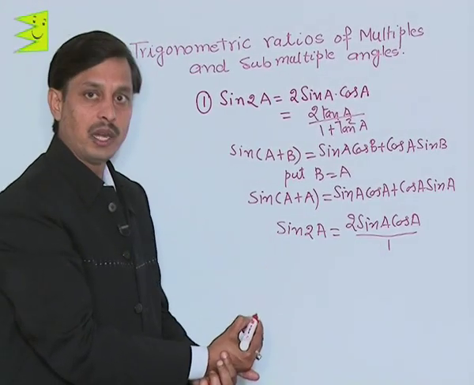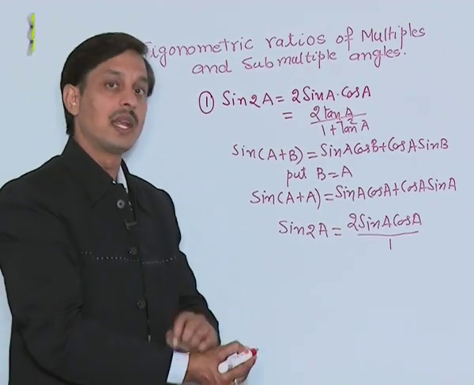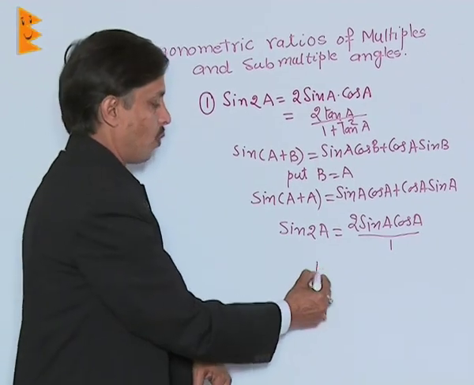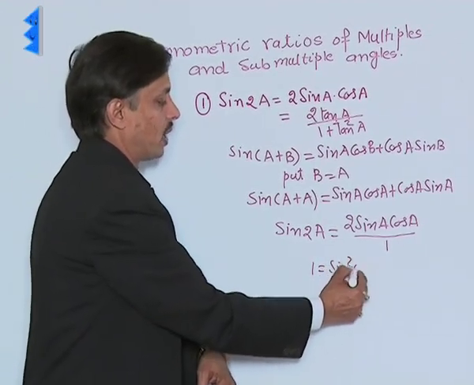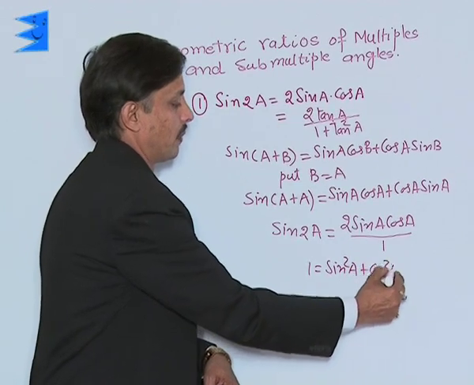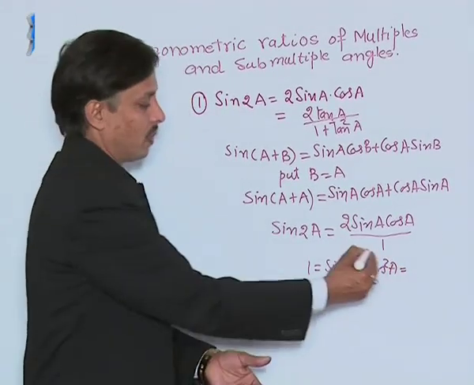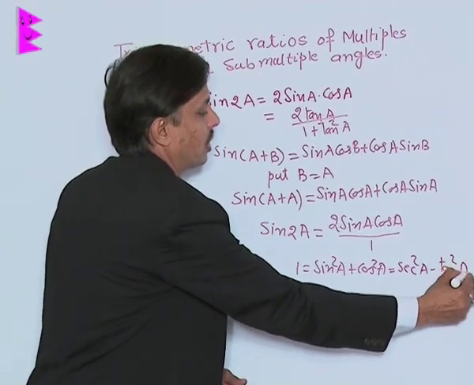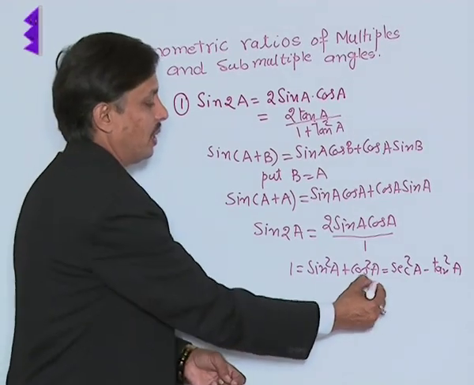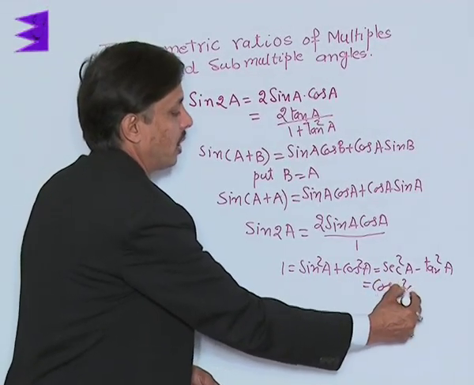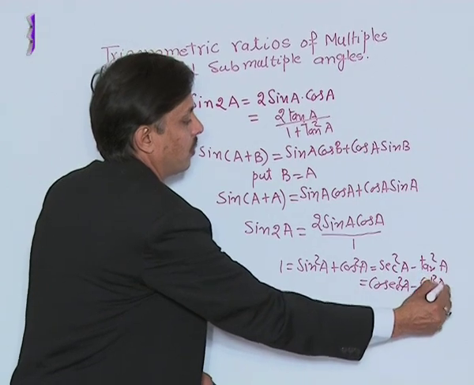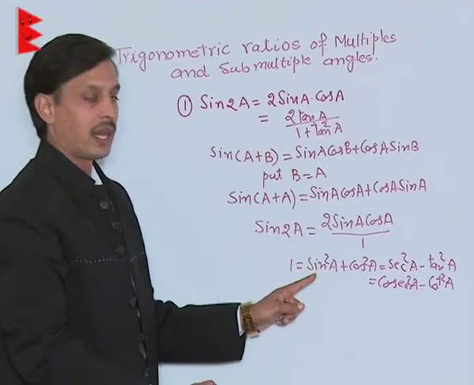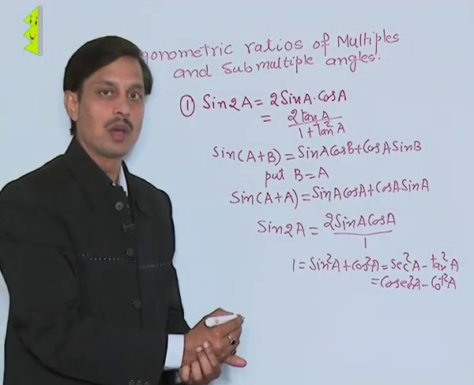In place of 1 there are 3 trigonometric values. 1 can be written as sine square a plus cos square a, or in trigonometry 1 can be written as sec square a minus tan square a, or 1 can be written as cosec square a minus cot square a. If so, then in place of this 1 we can write sine square a plus cos square a.